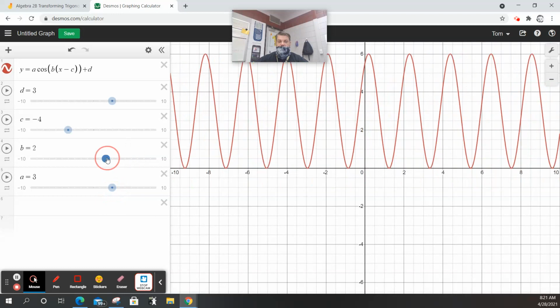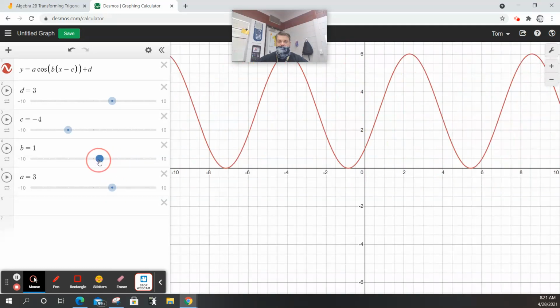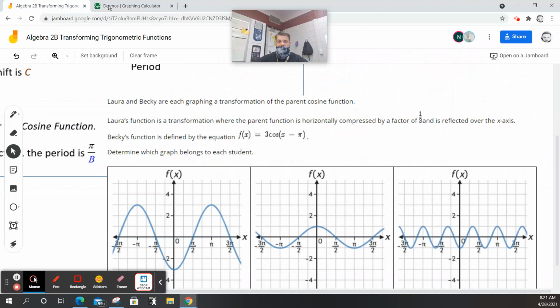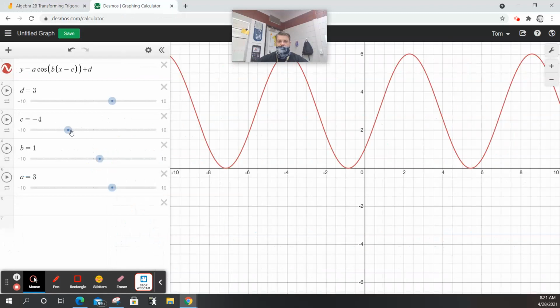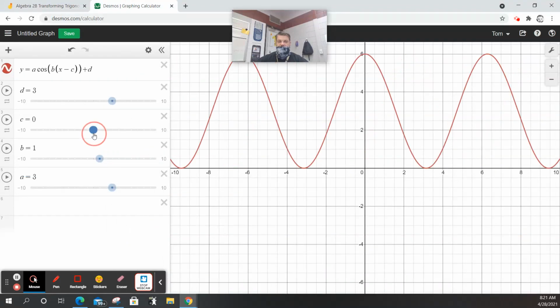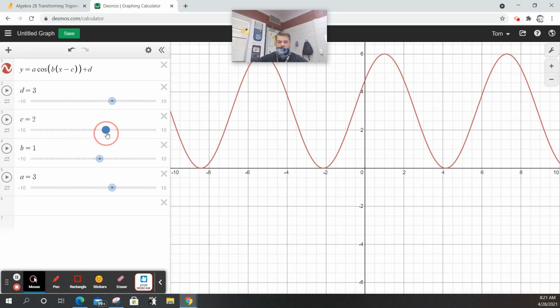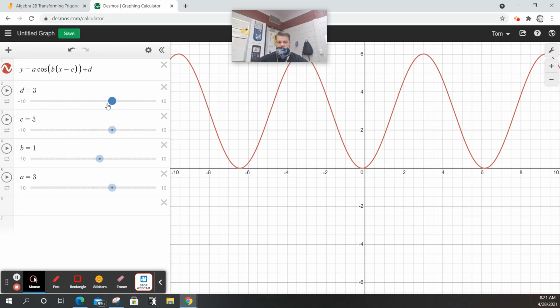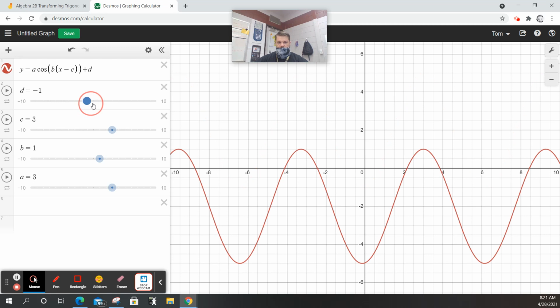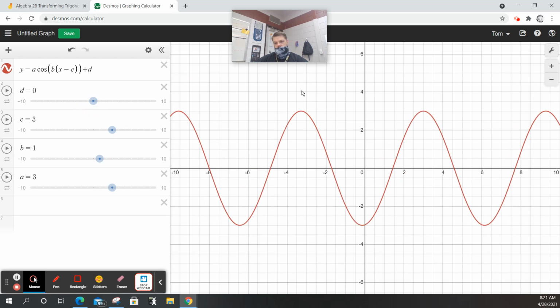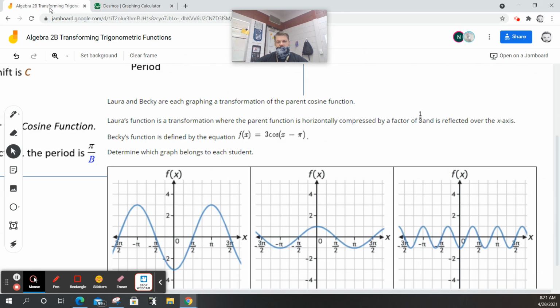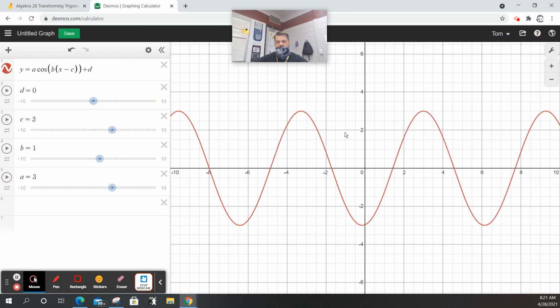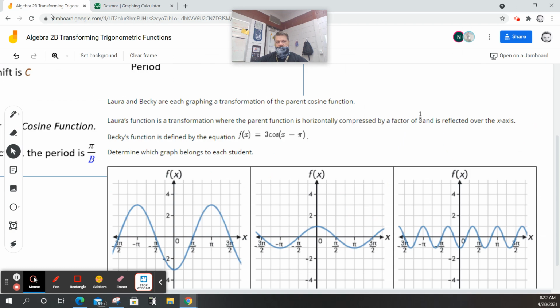B was 1. C was pi, which is about 3. And D was just 0. Well, the scale is a little different, but you can see that that looks like this function here. Okay. So this is Becky's function.